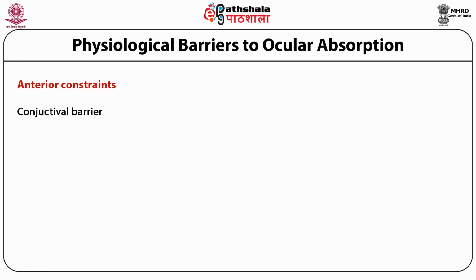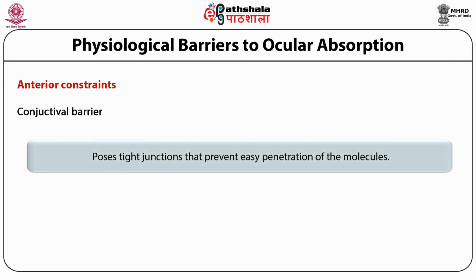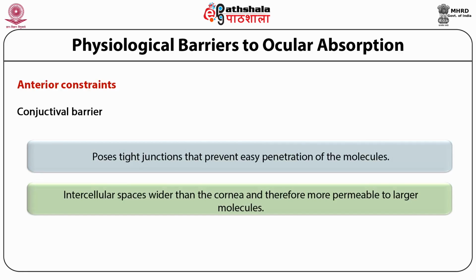The conjunctival barrier. Similar to the corneal epithelium, conjunctival epithelium also possesses tight junctions that prevent easy penetration of the molecules. However, the intercellular spaces are wider than in the cornea, making them more permeable to larger molecules.